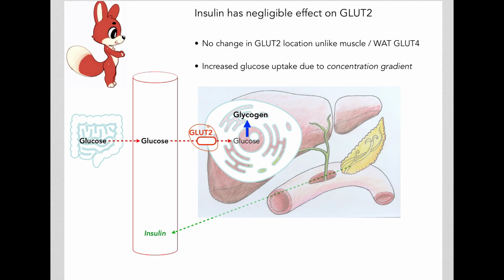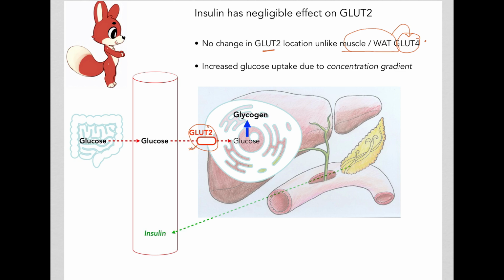Insulin doesn't have any significant effect on GLUT2. And we'll see this is very different than the effect of insulin in muscles as well as adipose tissue. We'll see that insulin has a very dramatic effect on GLUT4. But this is not the case in liver, which has GLUT2.